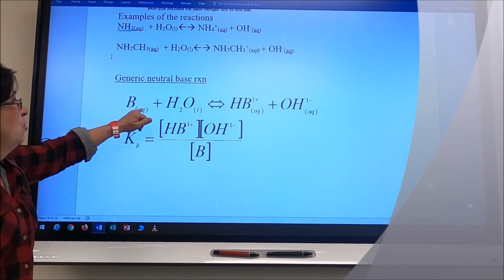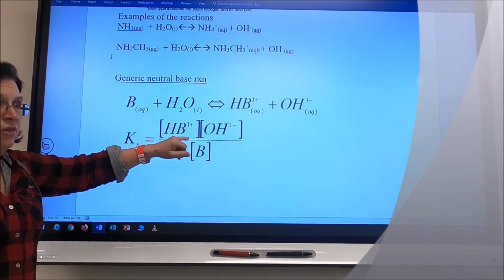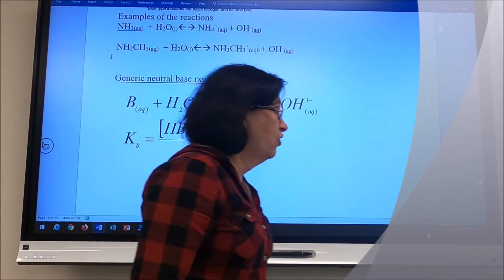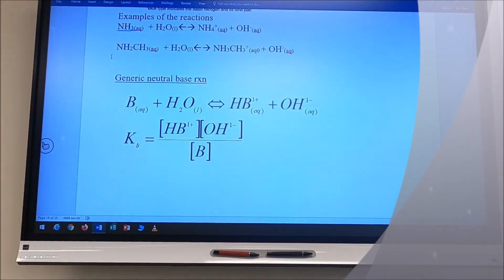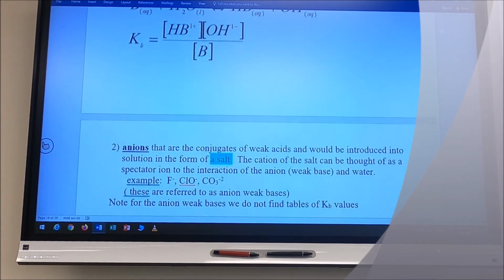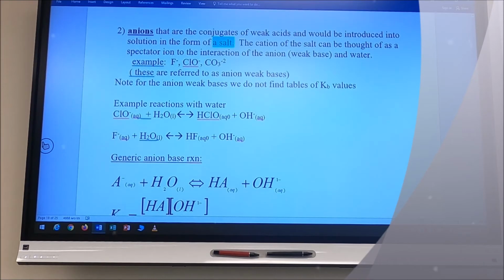I took something that was neutral and I made an ion out of it. So it's a base ionization reaction. Now, all the problems that we could do for a weak acid, we could also do for a weak base.